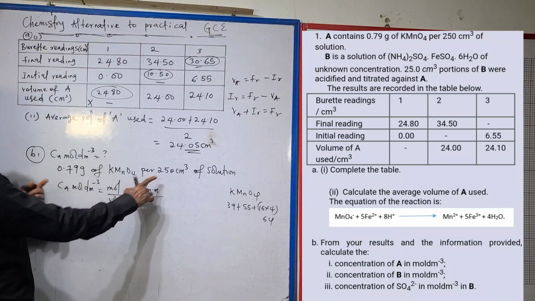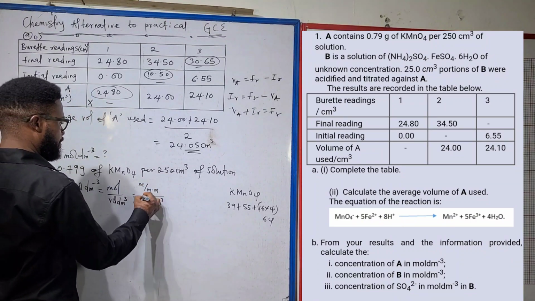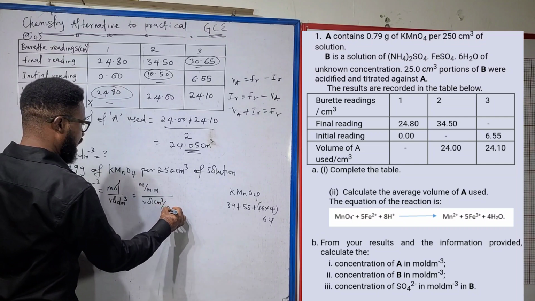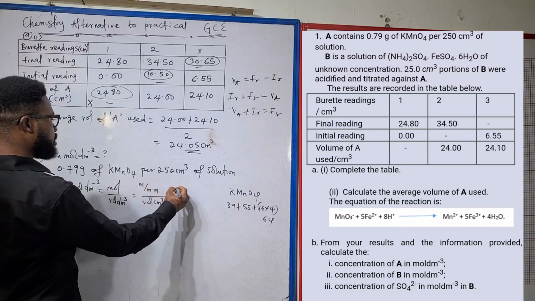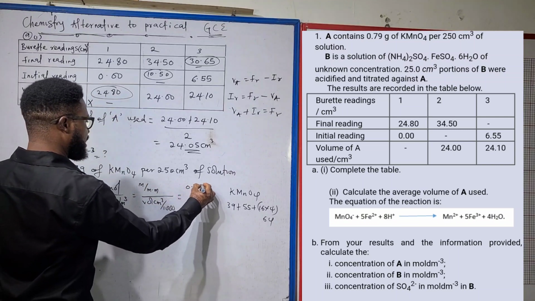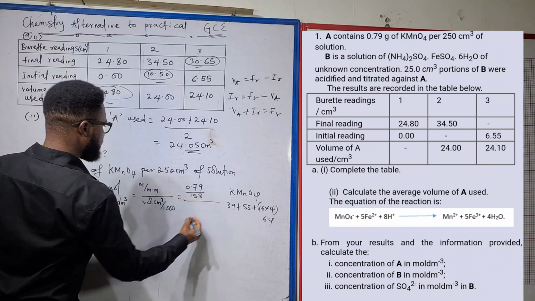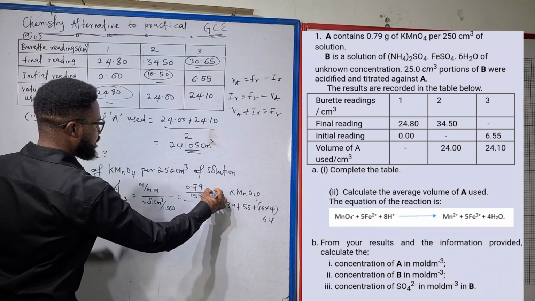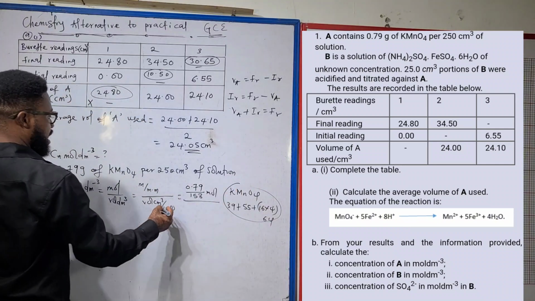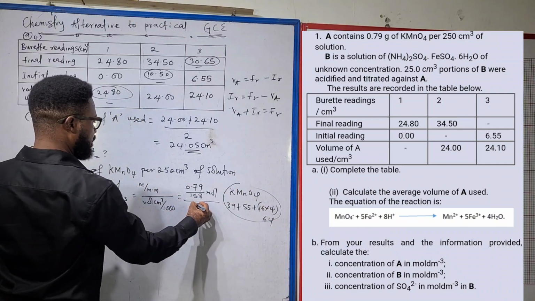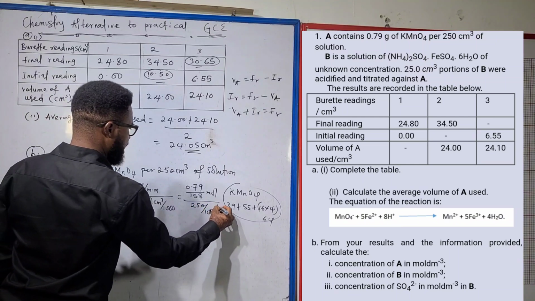And volume in dm cube: since my volume is in cm cube, that means volume in cm cube divided by 1000. So 0.79 divided by 158, that's a mole already. Volume is 250 divided by 1000 as my denominator. That's in dm cube.